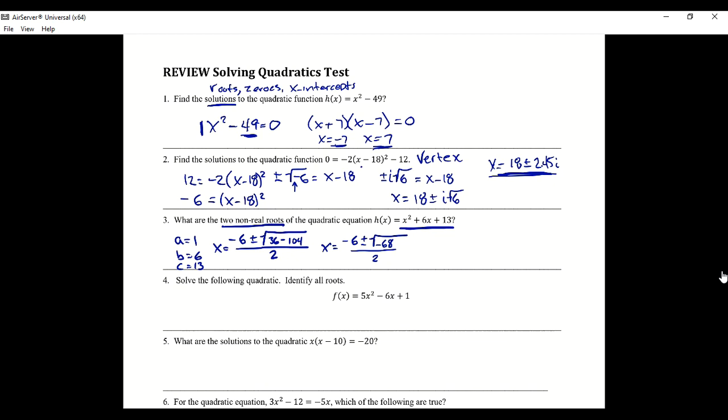If we go to our calculator, now remember, do not do this in fraction form because it's an imaginary or complex result, and you will get an error message if you do this in fraction form. So you need to put this in the calculator like this. You go parentheses, -6 plus the square root of the negative number, parentheses, divided by 2.